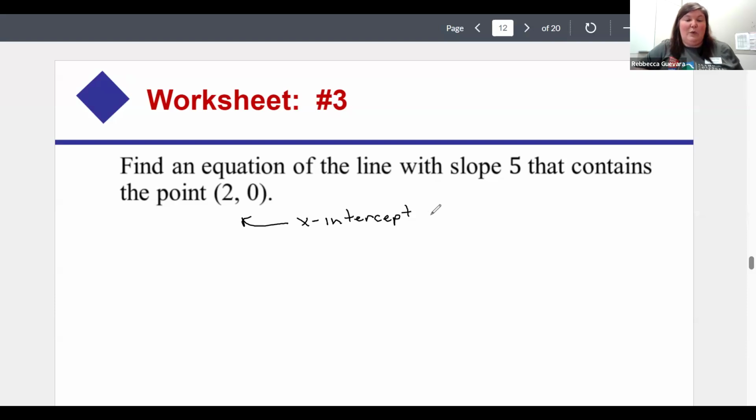So because it is an x-intercept, we are still going to use our point-slope form. It's easier to use slope-intercept form if we have a y-intercept. I don't have a y-intercept here, so it's actually easier to use the point-slope form.